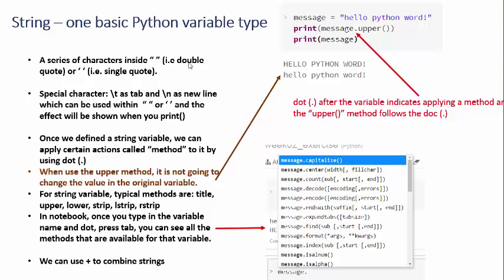Within the quotation marks, you can have letters, numbers, spaces, and special characters like $ and percentage, and everything will be fine. But you cannot have a double quote within your double quotation marks, or a single quote within your single quotation marks. That basically causes a lot of confusion to the program.